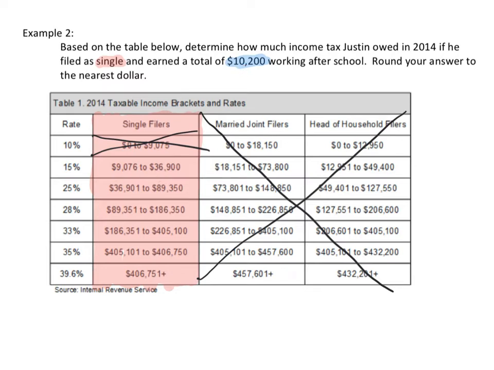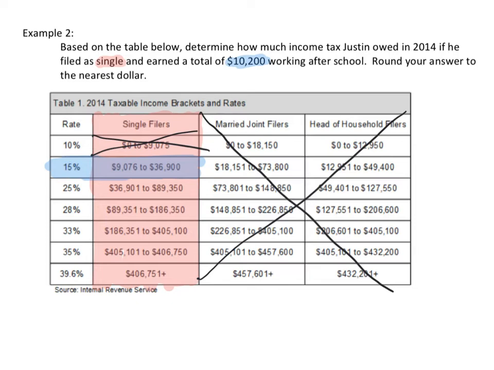Well, 10,000 fits in that range. So we're going to highlight right here. The cell in the column that is highlighted by both will tell us what range he's in. So that tells us our 15%.